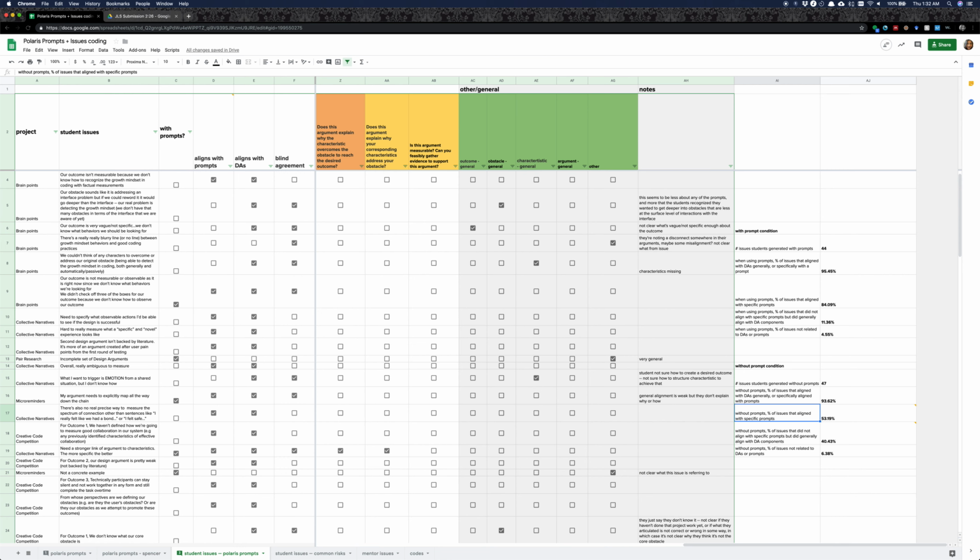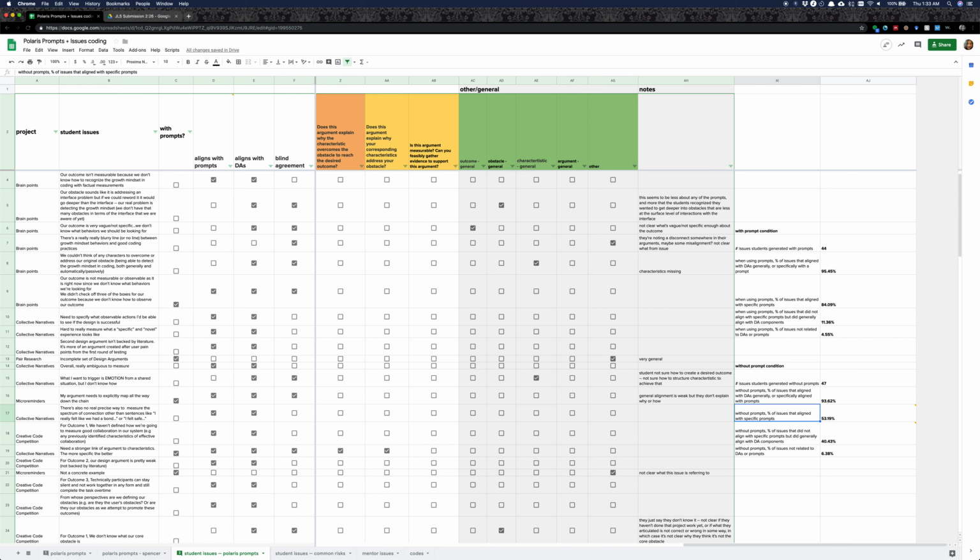I think this is actually a pretty realistic finding, and an important detail about the experimental setting is that these are students that were previously trained on the concept of design arguments and had gone through a series of lectures really explaining what design arguments were, and how to think about evaluating and measuring them. So these students are familiar with types of issues that they might encounter in their design arguments just from having gone through those lectures, having practiced design arguments, and having been exposed to this learning environment where they were practicing them on their own project.